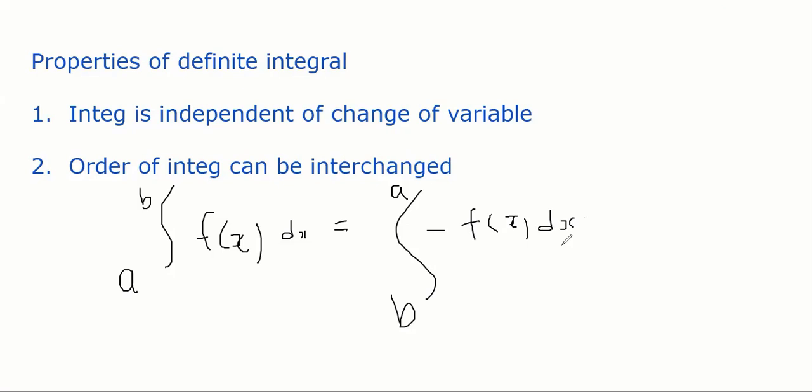Now I am going to tell you one more property which is very, very interesting. Property number 3, which says we can always use the additive property. Let me give an example. Suppose our integration is from a to b of f(x) dx.